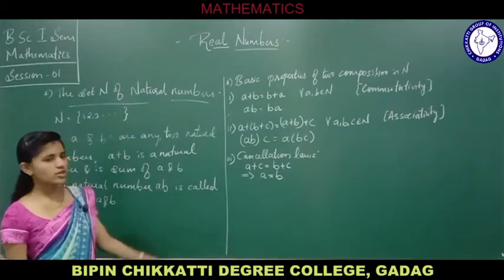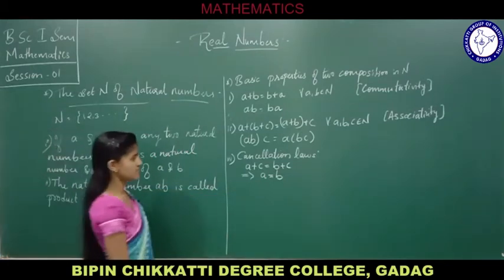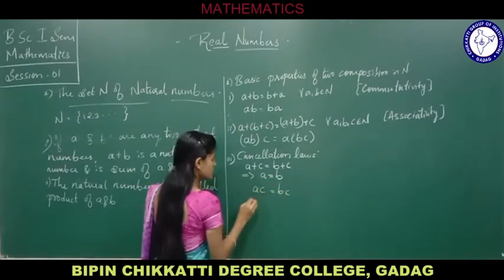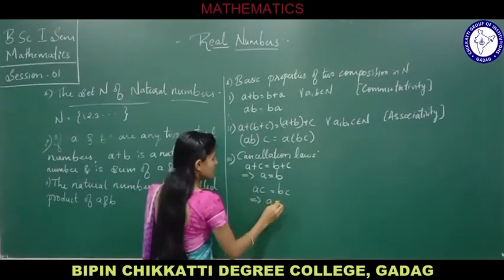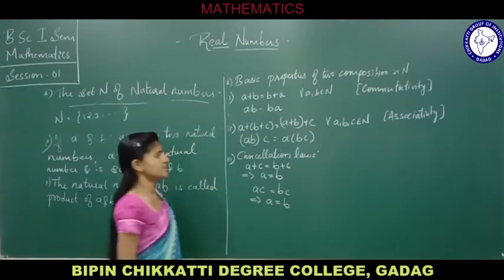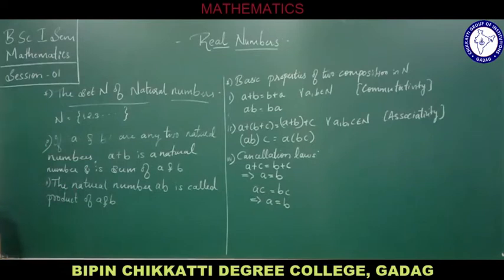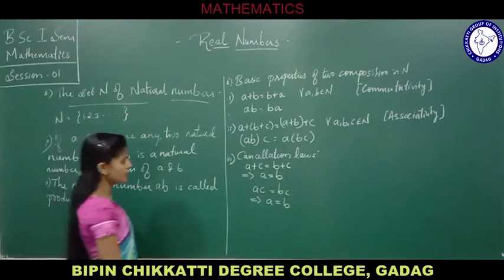In the same way, what about multiplication? If A into C is equal to B into C, it implies A is equal to B. This is the cancellation law of multiplication. We have learned the cancellation laws of addition and multiplication. What about the distributive property of multiplication over addition?